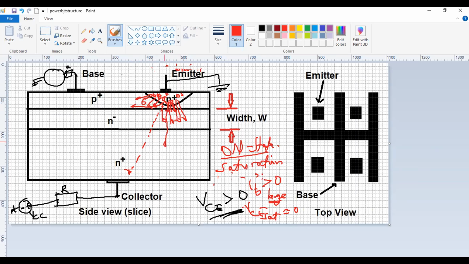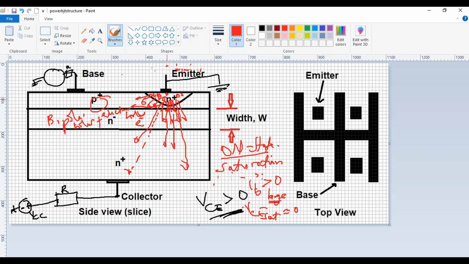So I'll have a bunch of electrons coming down into this region. So we have charges being carried by electrons as well as a bunch of holes. Because you have that P internally, I've got a bunch of holes. That's why it's bipolar. So I've got holes and I've got electrons.